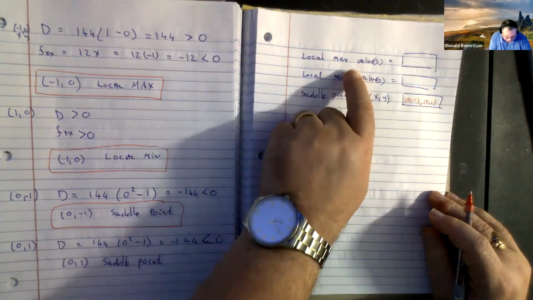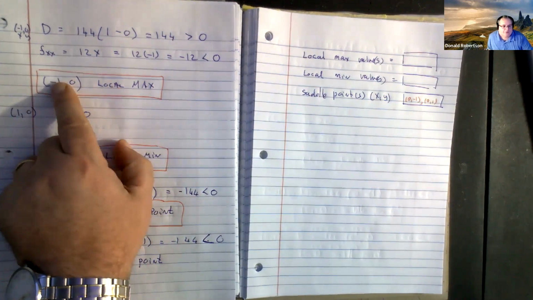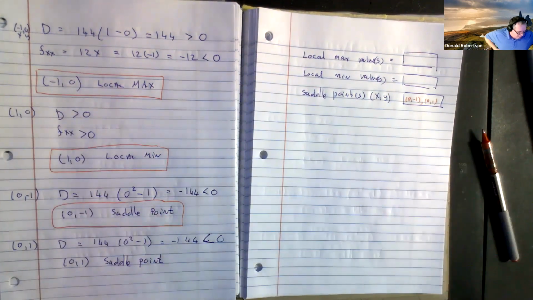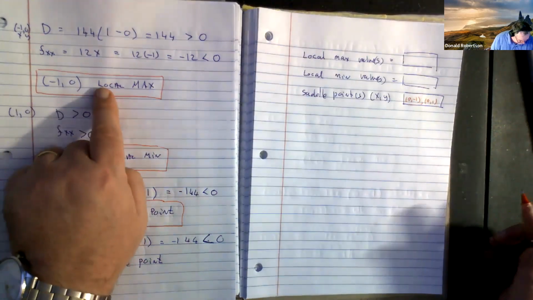For local max and local min, you do not put the coordinates. What you put instead is the value of the function at this point.